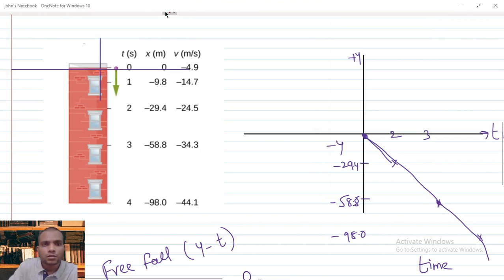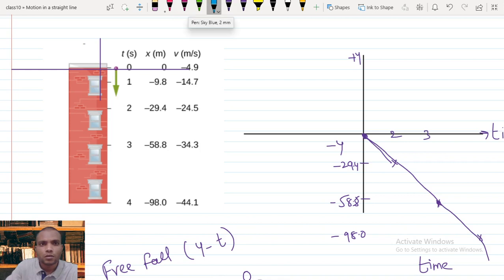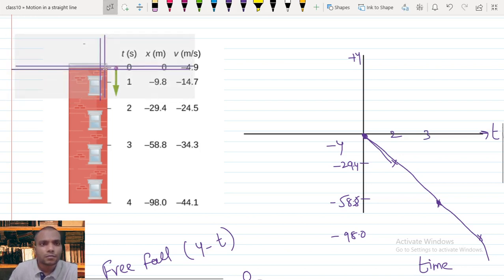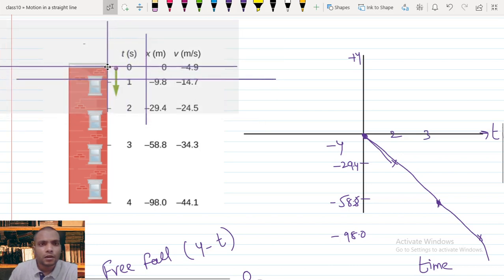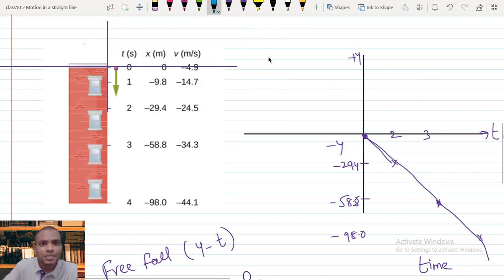Let me change the color so that it is more visible. In this coordinate axis, we need to draw only along that particular coordinate. The object is falling here. Suppose here you can consider 0, and it is falling along the negative y-axis. So this is the negative y-axis and this is the time.